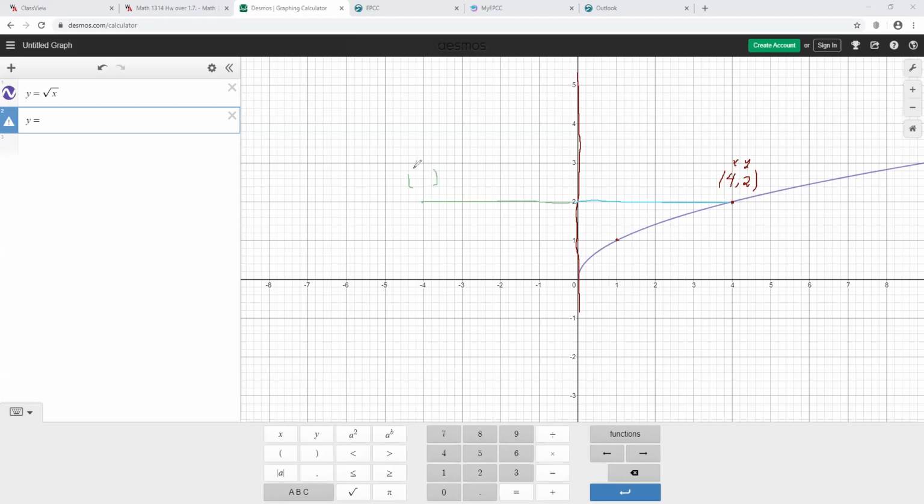Not 4, 2 anymore. Negative 4, 2. So the 2 stays the same. The 4 kind of stays the same, but times what in front, Megan? Negative 1.